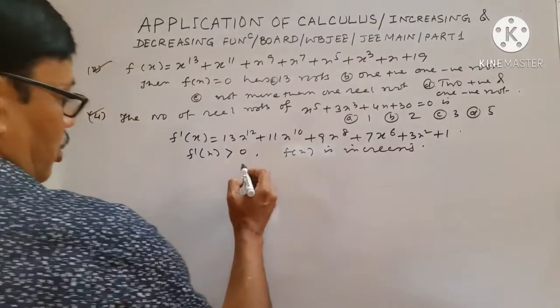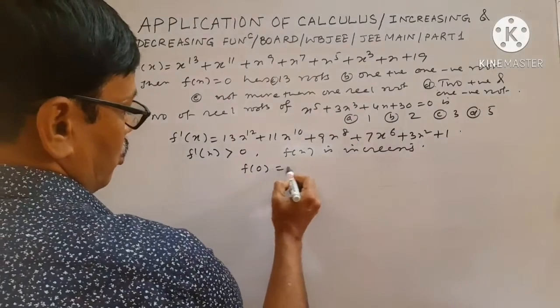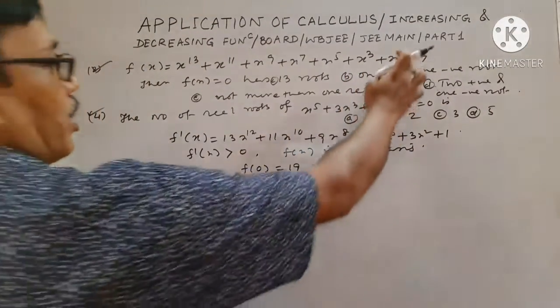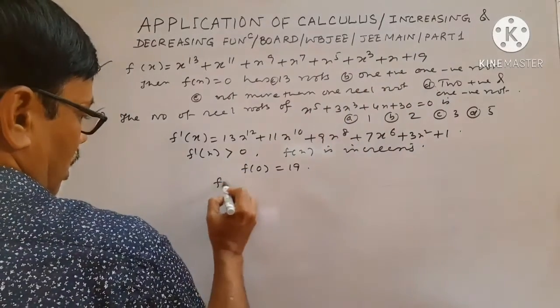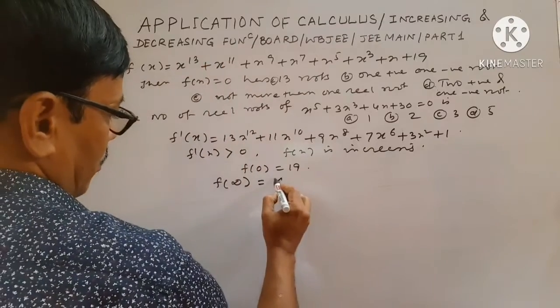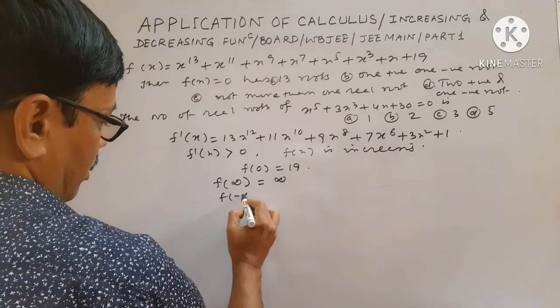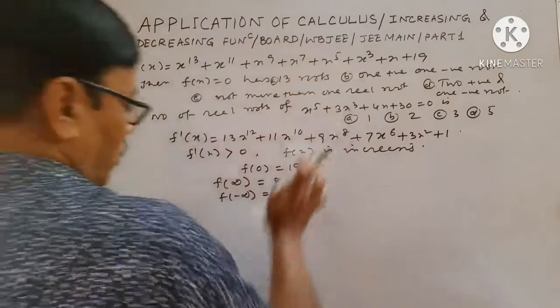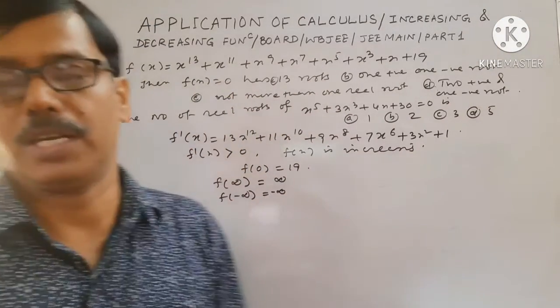Now what is f(0)? f(0) equals 19. Now what is f(infinity)? f(infinity) is infinity. f of minus infinity, all are odd powers, so this is minus infinity.